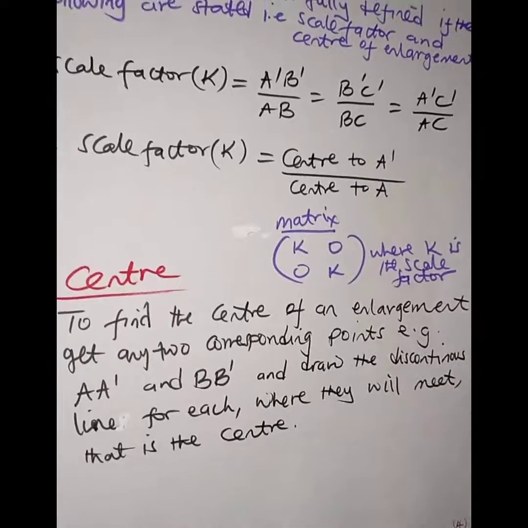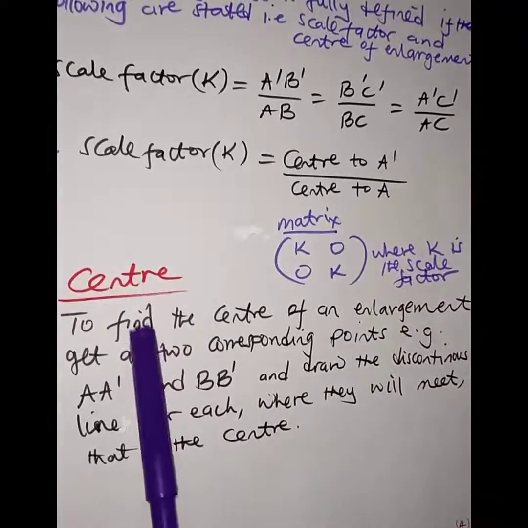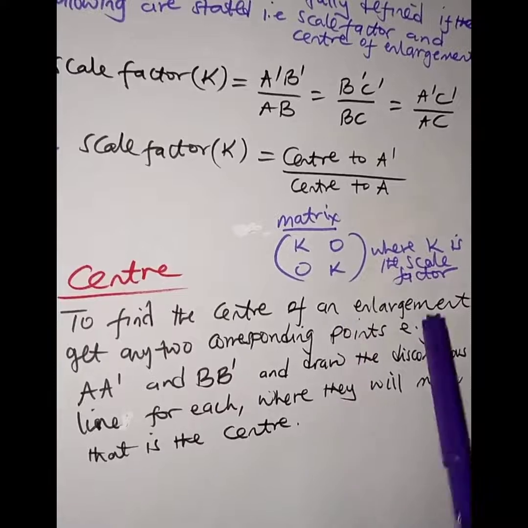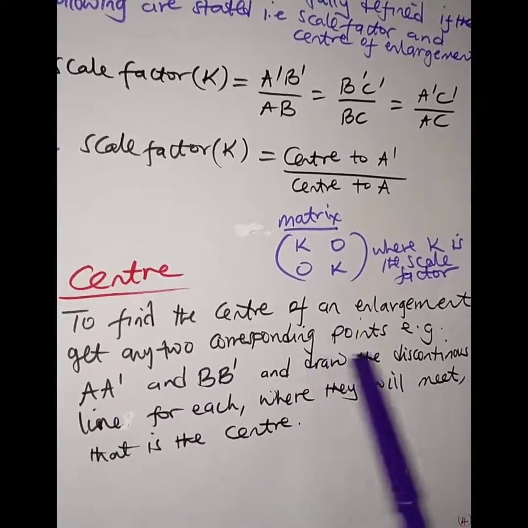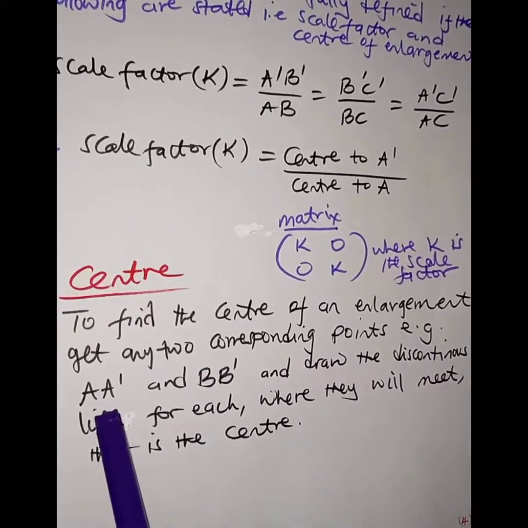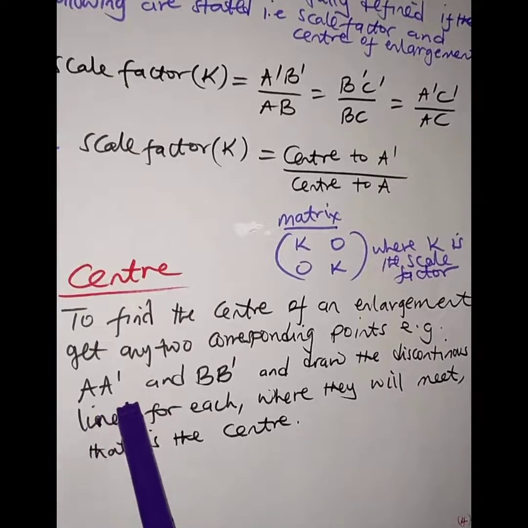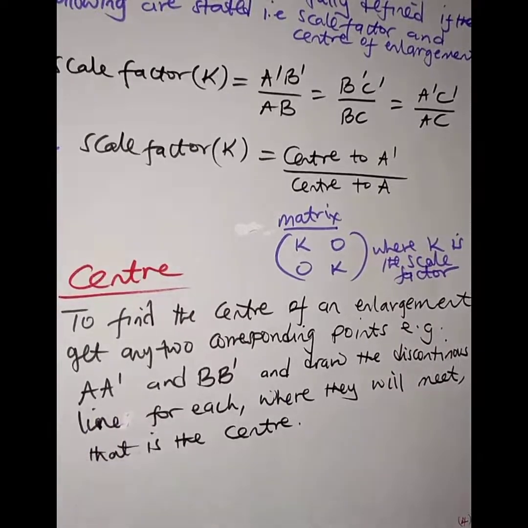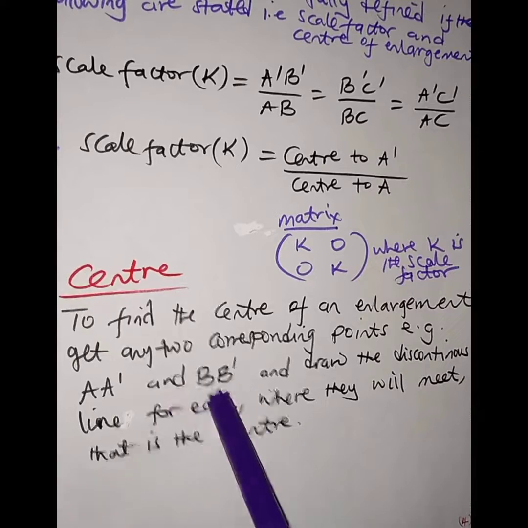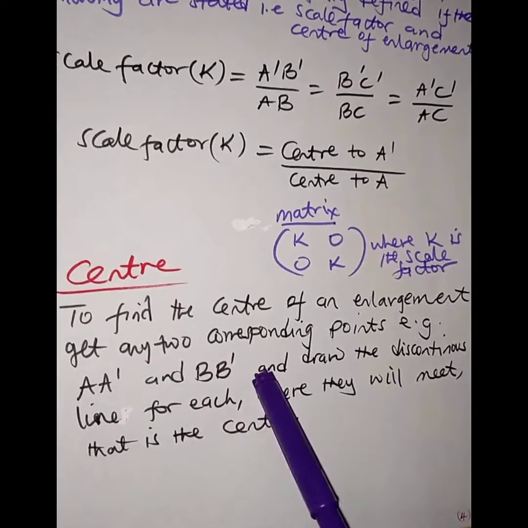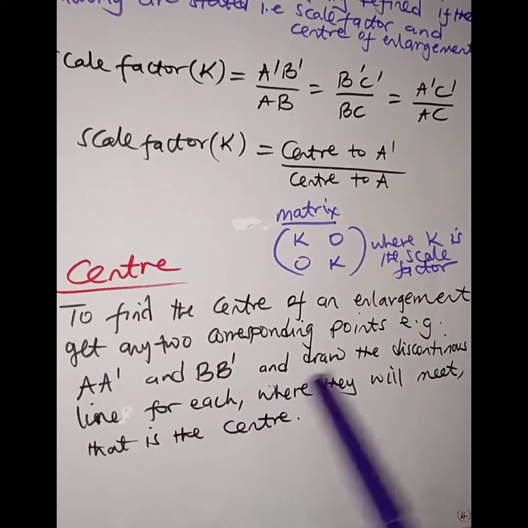Then, how do you find the center? To find the center of an enlargement, get any 2 corresponding points, e.g., A object to its A image, and draw a dotted line, and B object to its B image, draw another dotted line.